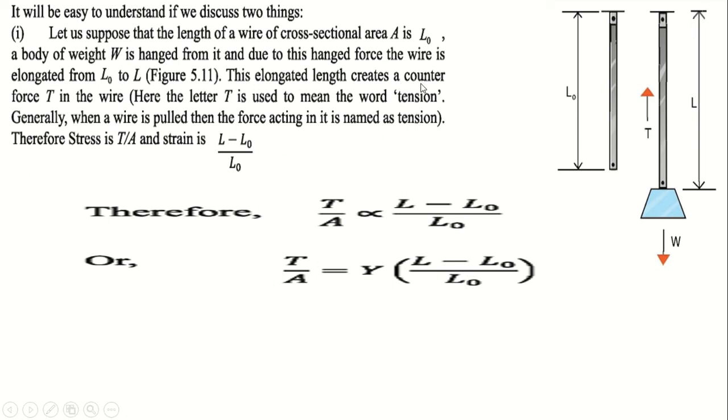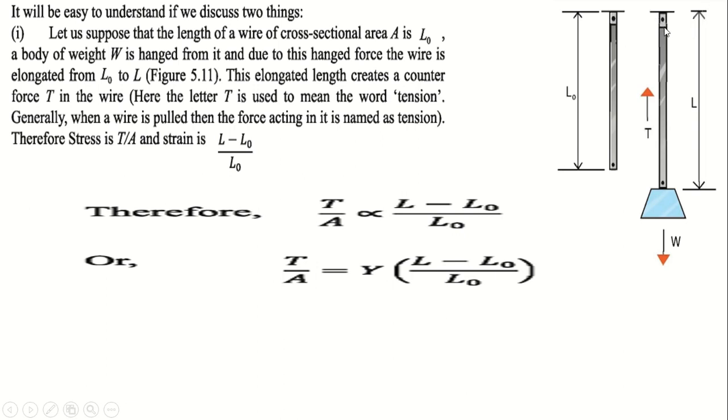So this elongated length creates a counter force T in the wire. Here T means tension. Generally, when a wire is pulled, the force acting in it is named tension. Therefore, stress is T by A, because I have earlier told you stress is created due to the resistive force.